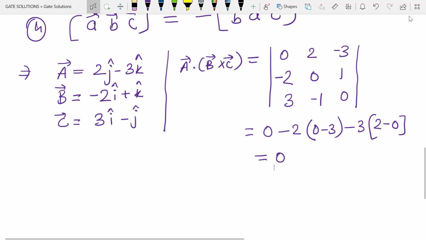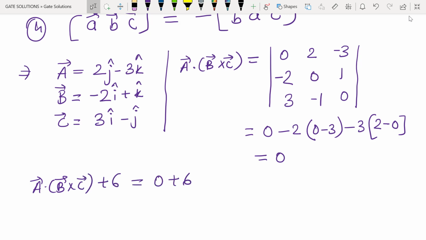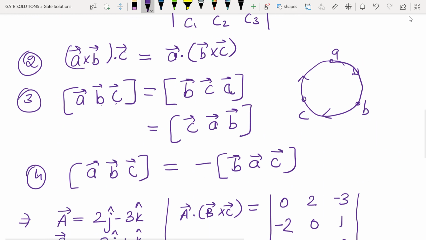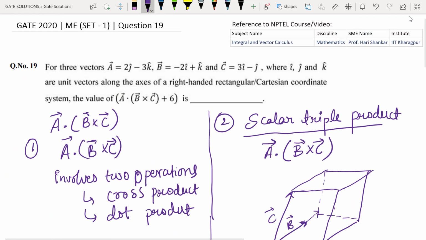So we have to find this A vector dot B cross C plus 6. So this is 0 plus 6, that is equal to 6. So this is the answer. Answer is 6.